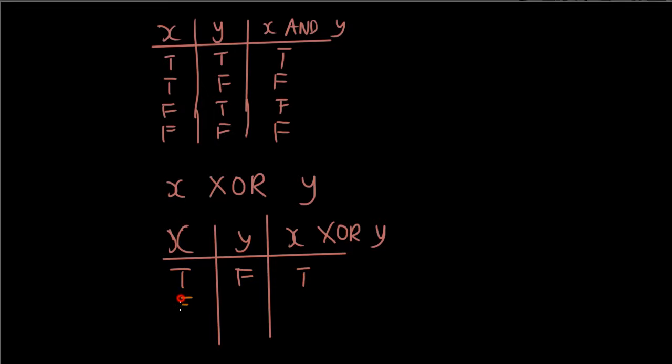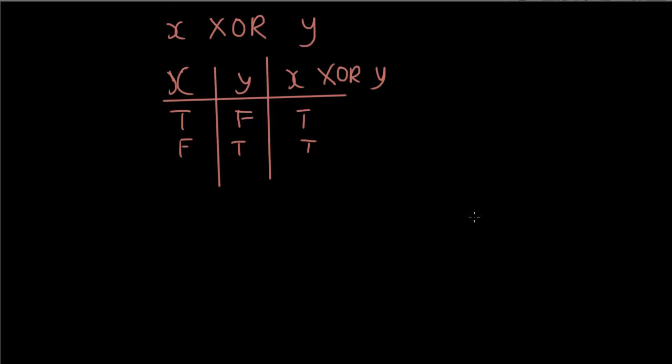Or if x is false and y is true, then x XOR y is true. So only when one of them is true, the answer will be true. If both of them are false, then the answer will be false. And if both of them are true, then the answer will also be false. So it'll only evaluate to true if only one of these variables is true.